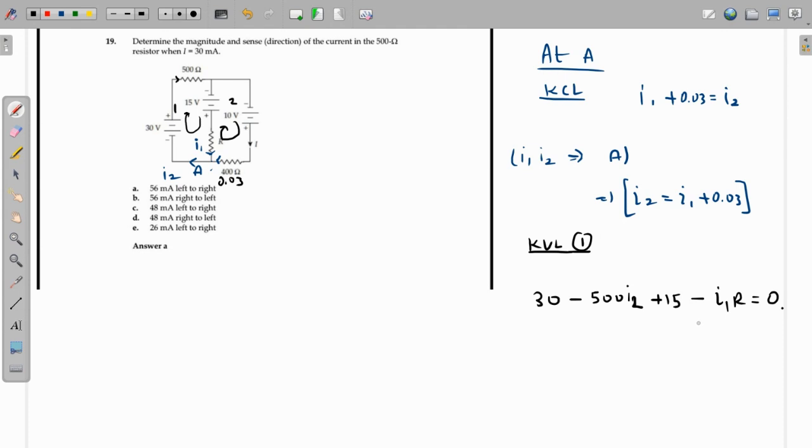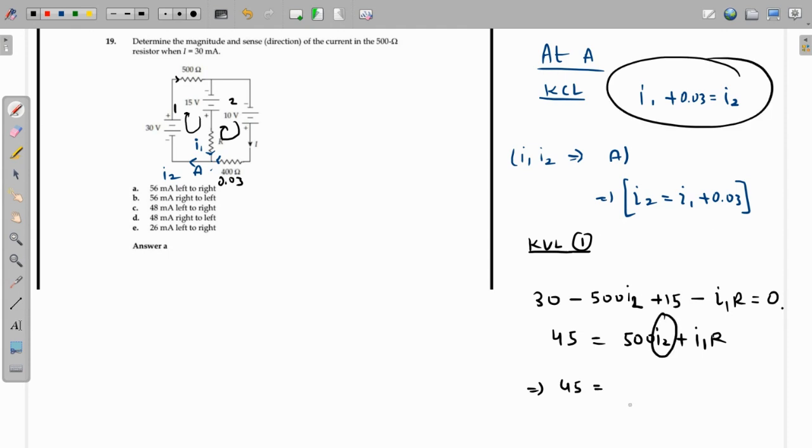Okay. And then we talk about the loop KVL. If we try to simplify this one, 30 plus 15 is 45, and the 2 taken over on the other side is going to look like this. Let's substitute this I2 in terms of I1 from this equation.